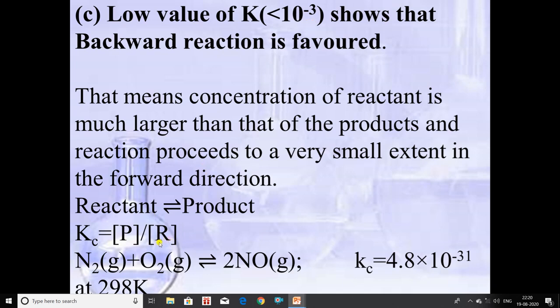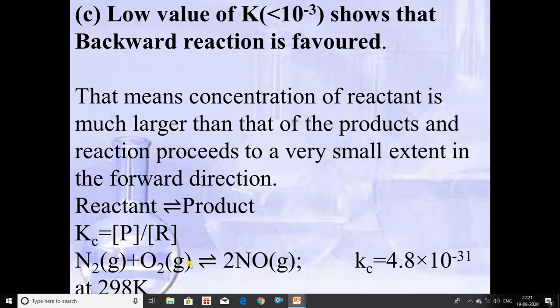That means the concentration of reactant is more. Now if the concentration of reactant is more, that means product is converting into reactant, right? So if product is converting into reactant, that means the direction is backward. Okay, so a low value of K means the reaction is in backward direction.